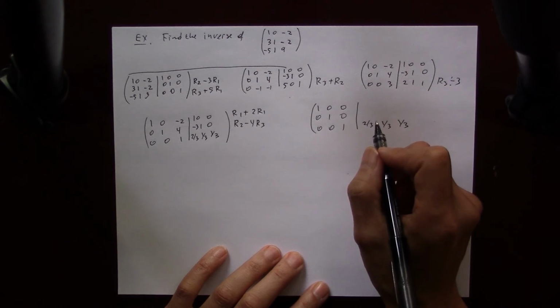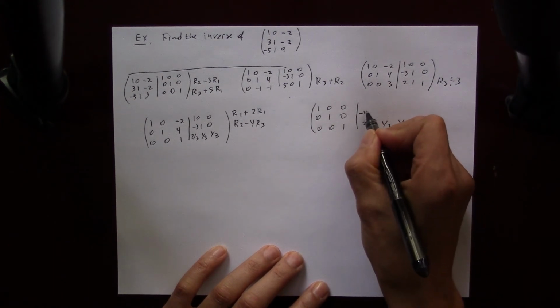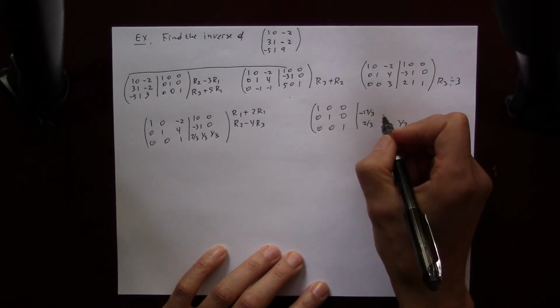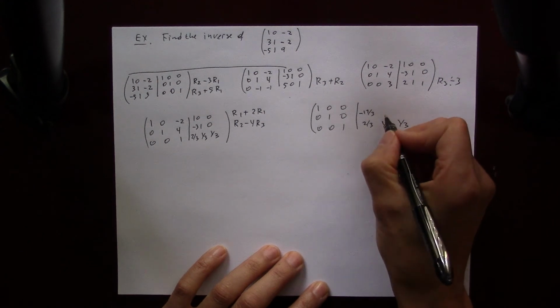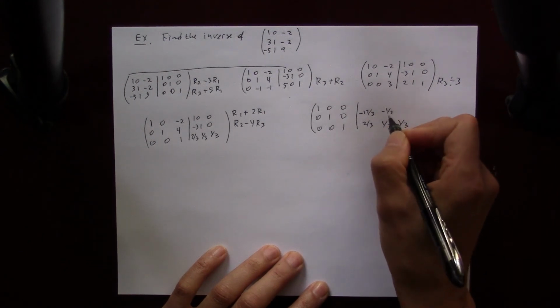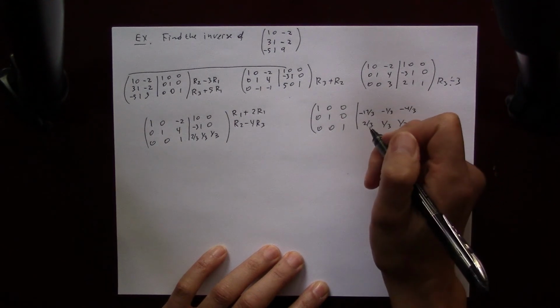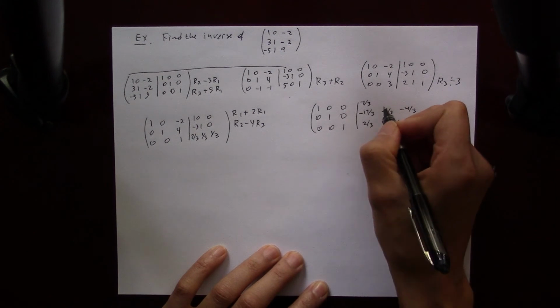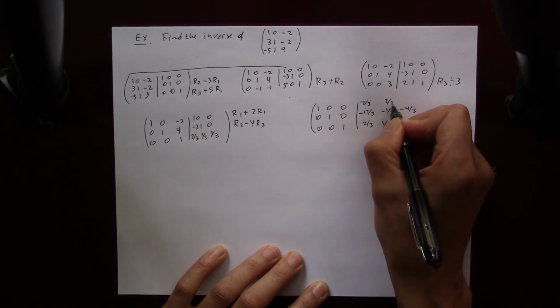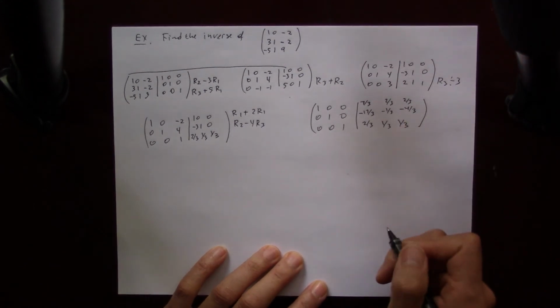Row 2 minus 4 row 3 gives minus 17/3, minus 1/3, minus 4/3. For row 1 plus 2 row 3, we get 7/3, 2/3, 2/3, because multiplying by 2.